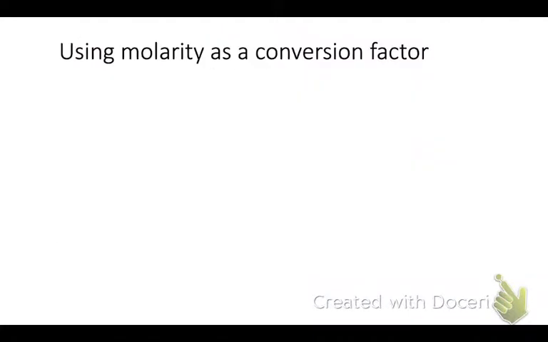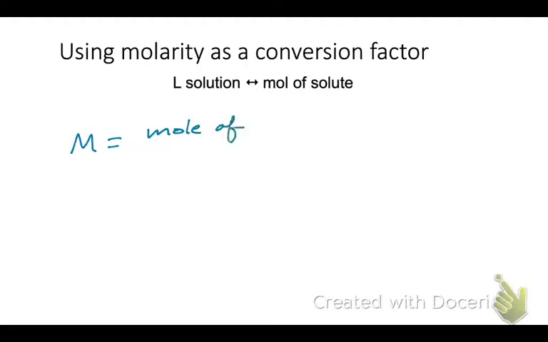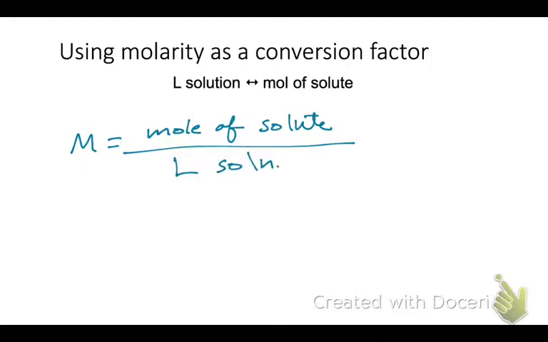Using molarity as a conversion factor. This is a very, very important topic. Now I'm going to show you something. Molarity is moles of solute divided by liters of solution. So it is a relationship between the moles and the volume.